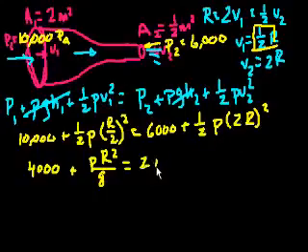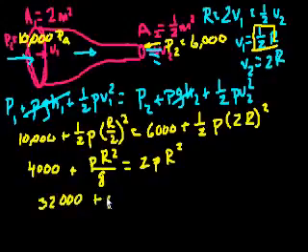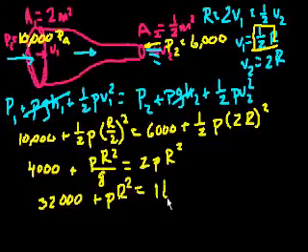So this is 2 rho R squared. We can multiply both sides of this equation by 8 just to get rid of the denominator. So we get 32,000 plus rho R squared is equal to 16 rho R squared.